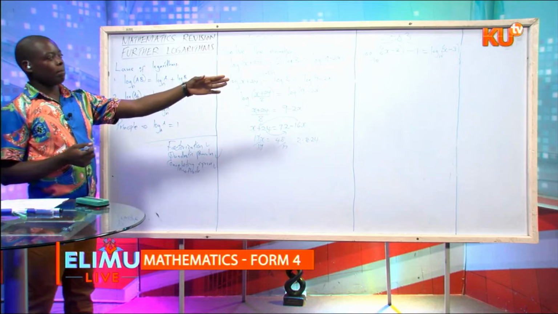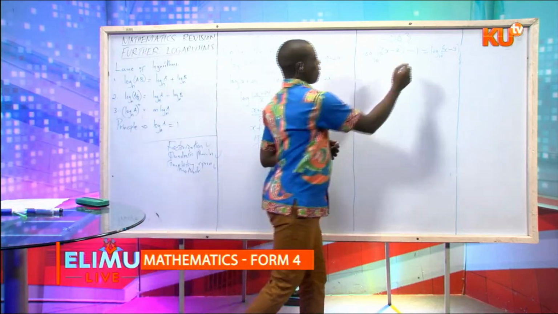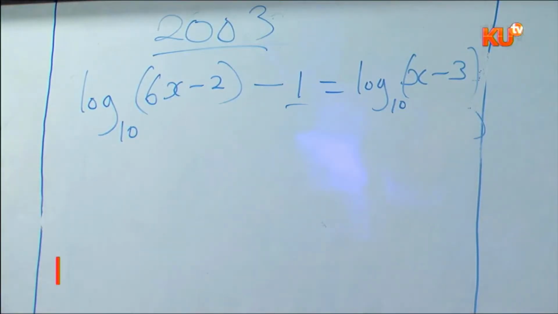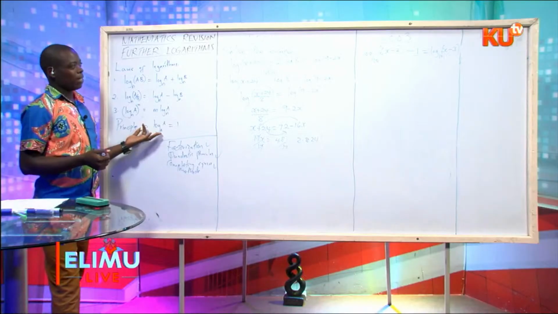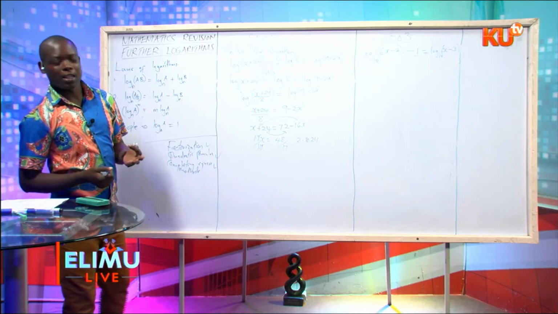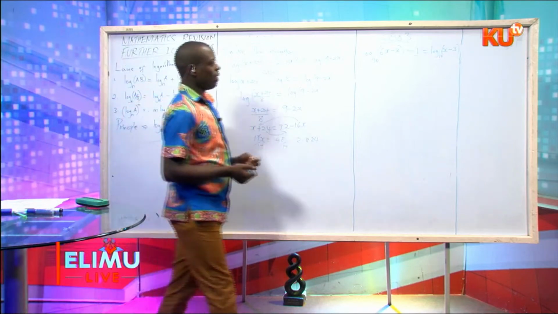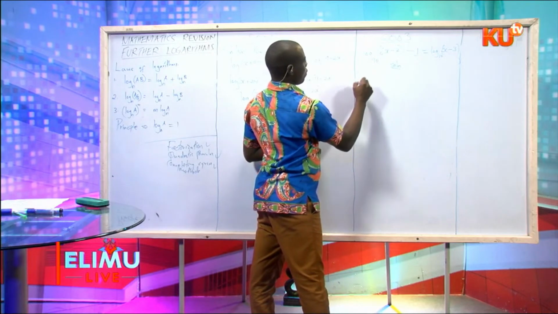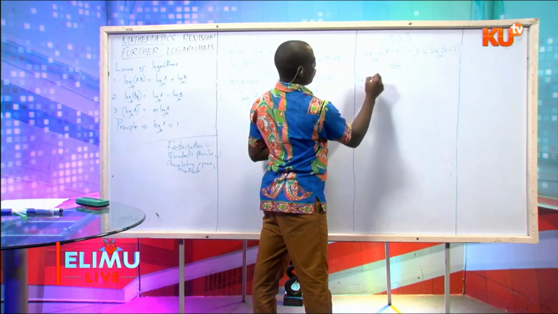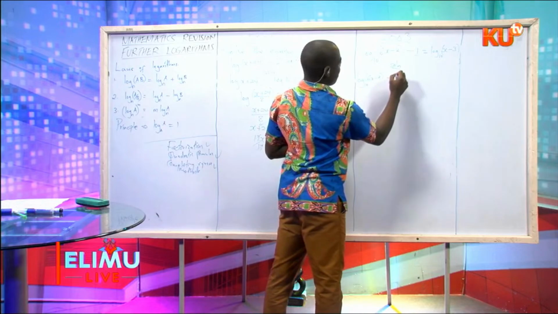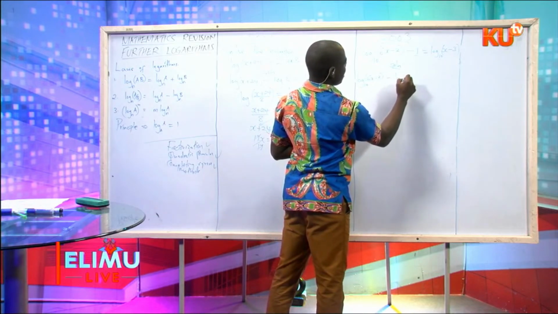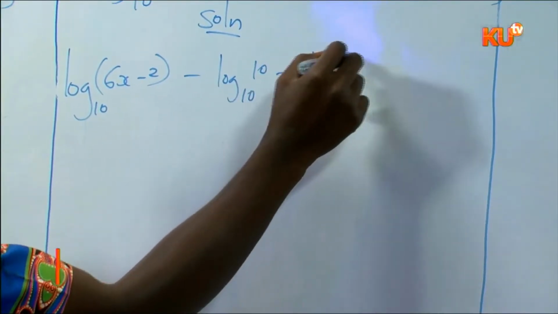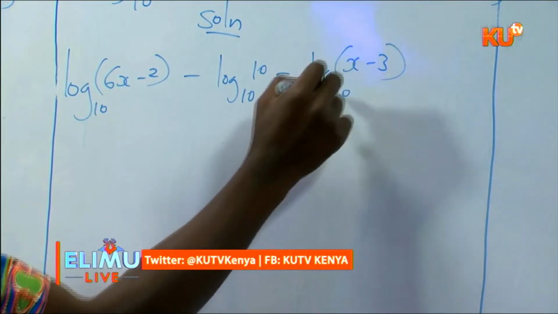First, consider the 1 and write 1 in the form of a log, and that is the principle that we have here. Because the base is 10, we shall replace it with log 10, so that we have log of 6x less 2 base 10 minus log 10 base 10 equal to log of x less 3 base 10.